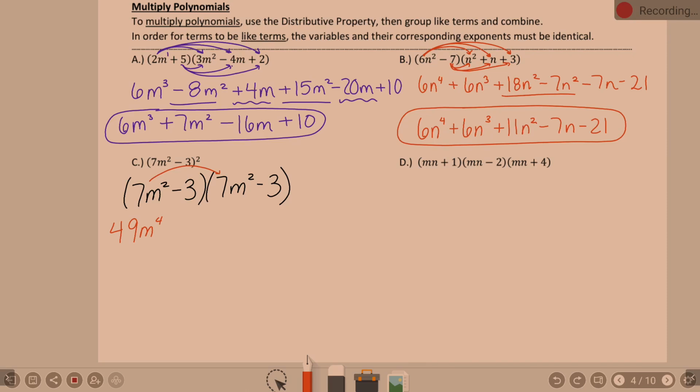I lost everybody. Okay, 49m to the fourth. 7m to the second times minus 3 is minus 21m to the second. Then I'm going to distribute my minus 3. Minus 3 times 7m to the second is minus 21m to the second. Minus 3 times minus 3 is plus 9.